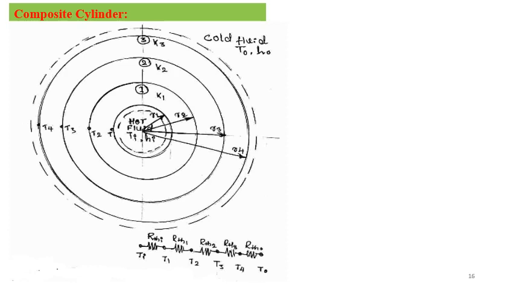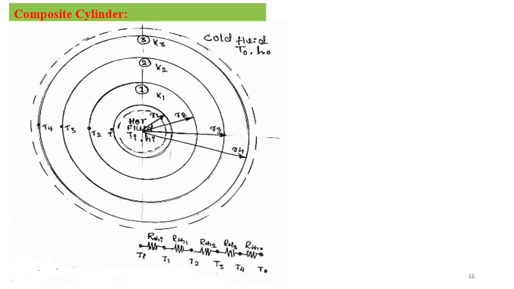Ti is the temperature of the inside fluid and T naught the temperature of the outside cold fluid. Similarly, hi is the inside convective heat transfer coefficient, and h naught the outside fluid convective heat transfer coefficient. K1, K2, K3 are the thermal conductivities of materials 1, 2, 3 respectively.